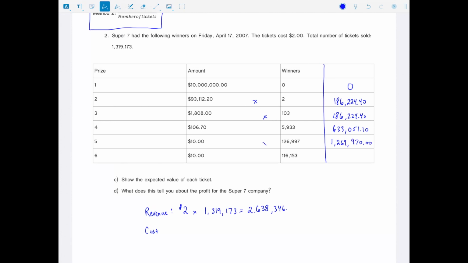And here you multiply again, and you get $1,161,530. And the sum here will give us the total cost that they have. So their total cost was $3,436,999.50.